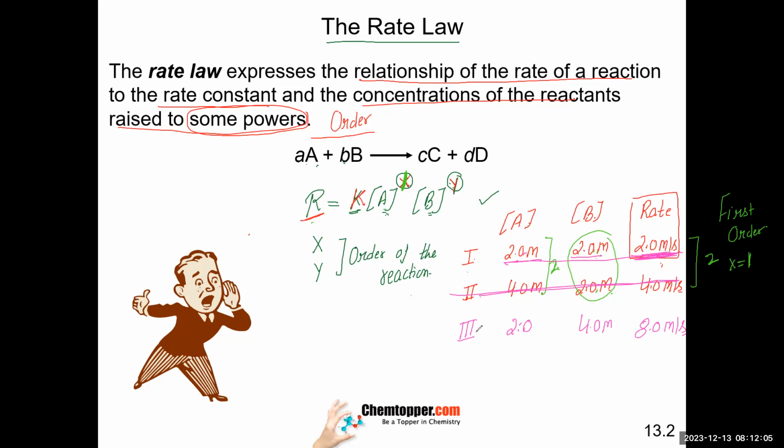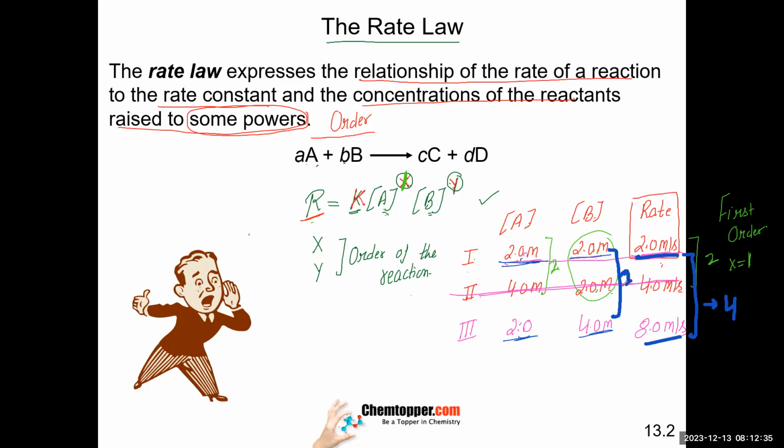Check experiments 1 and 3. In 1 and 3, is A changing? No. Is B changing? How many times is B changing? 2 times, doubled. But how many times has the rate increased? 4 times.